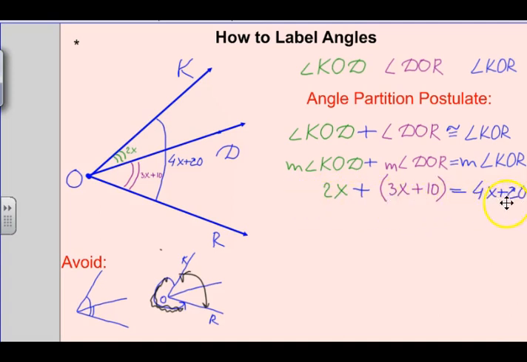This is now an equation that we will be able to solve for the value of x. And if needed, we would be able to substitute that value into each of the angles and find their individual measures. I hope this helps in work with your homework. I will see you soon.